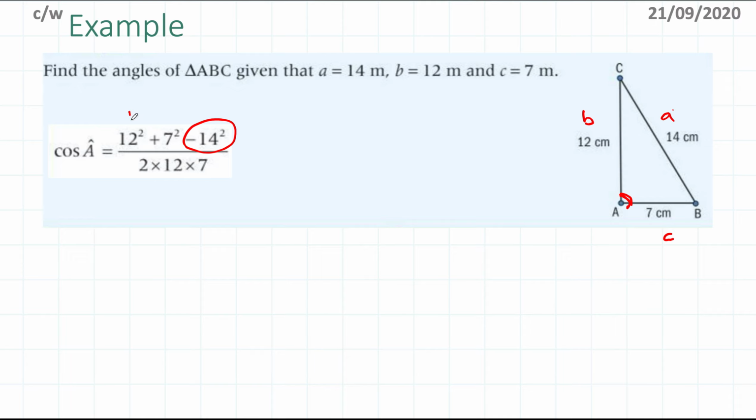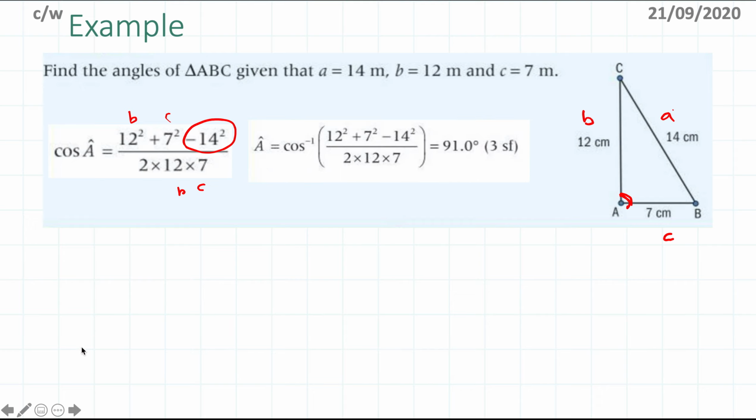And then this is my B and C. If I simplify it, I need to get rid of this cos, so it's going to be cos inverse of this whole thing, which is what your right-hand side was. If I do cos inverse of this whole thing, it's going to give me 91.0, so very close to 90 degrees, but not quite.